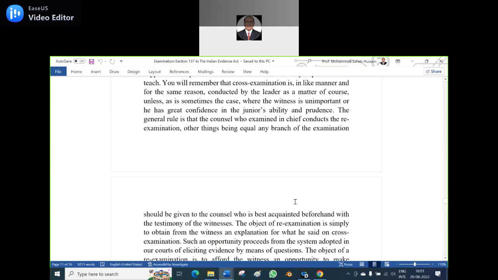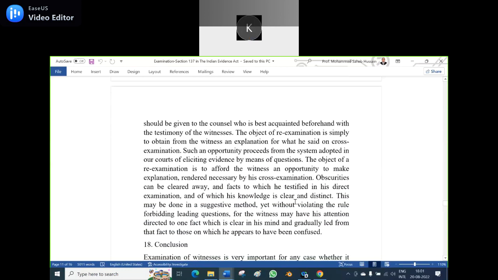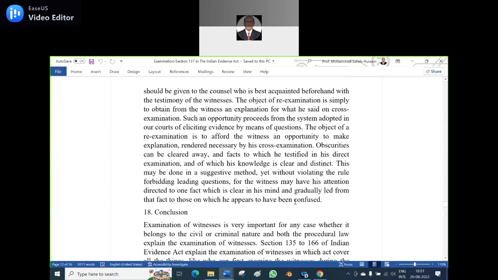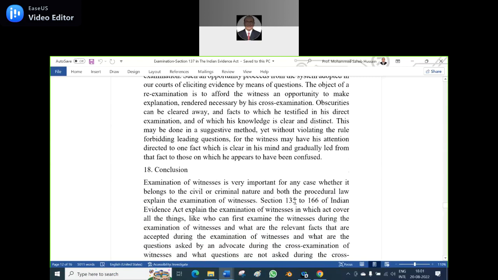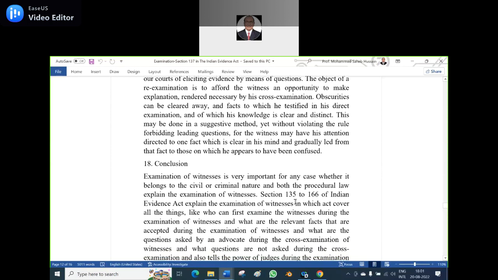Yes, sir. Okay, now let us come to the conclusion of these three stages. Examination of the witness is very important for any case, whether it is of a civil or criminal nature, and the procedural law explains the examination of witnesses.